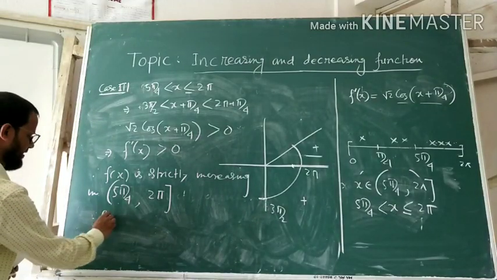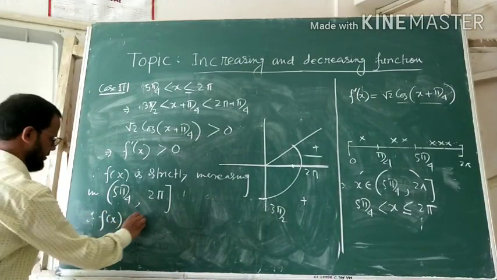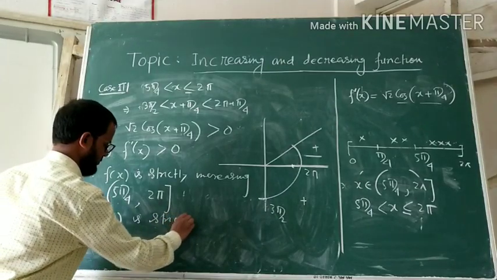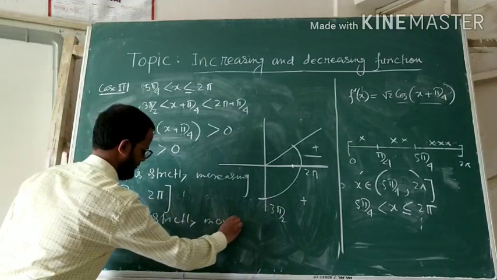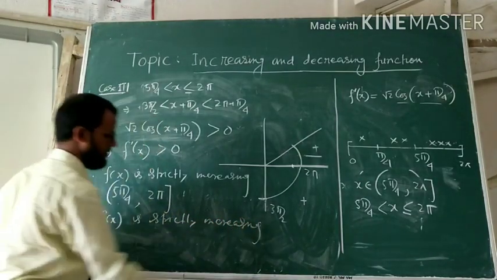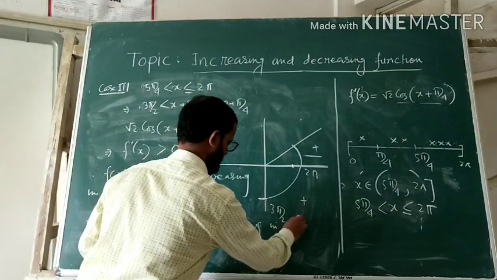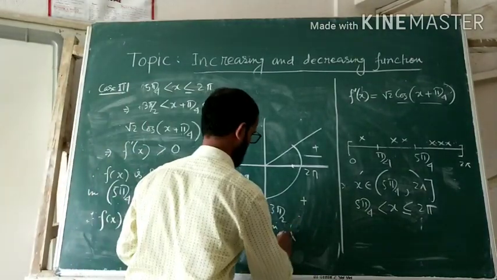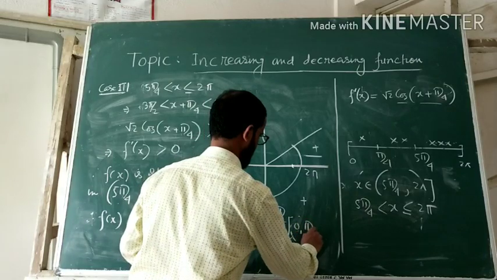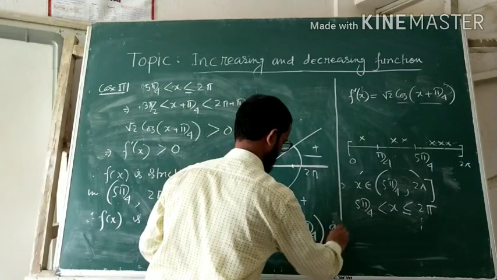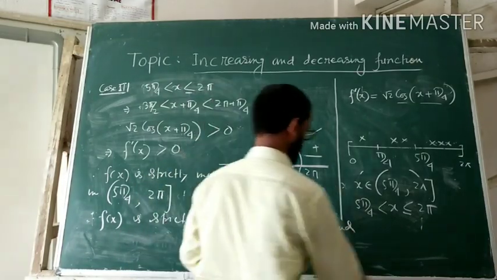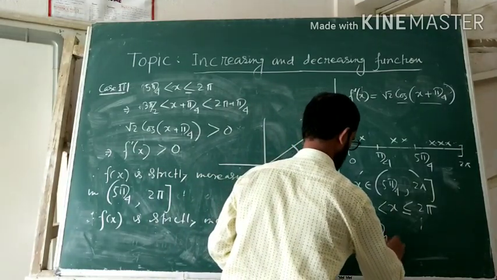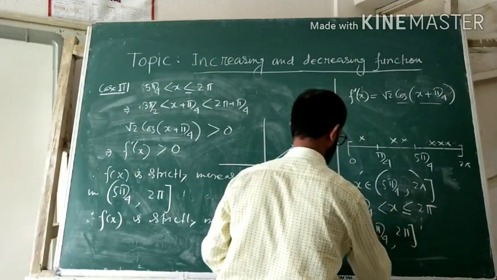Therefore f(x) is strictly increasing in the first interval, which is [0, pi/4), closed at 0, and the last one is (5pi/4, 2pi]. This is closed, this is open.